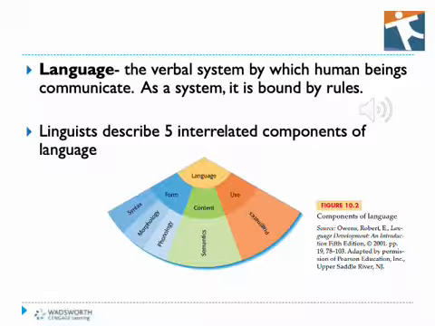Morphology has morphological rules that tell us how word meaning may be changed by adding morphemes. Syntax has syntactic rules that govern how words may be combined to form sentences.